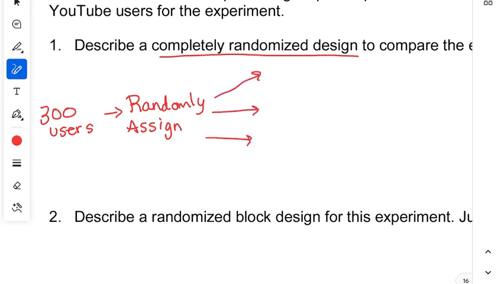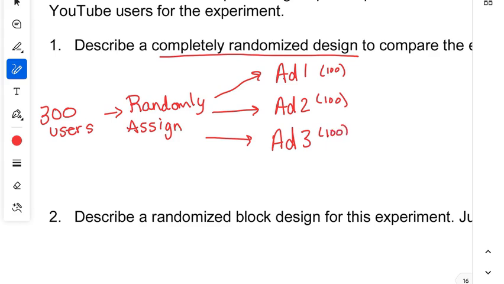How many groups are we doing? Yep. So what are they each doing? Or what do I need to put on the ends of these arrows? I said add 1, like 1, 2, and 3. Add 1, add 2, add 3. We do need to specify how many are in each group.